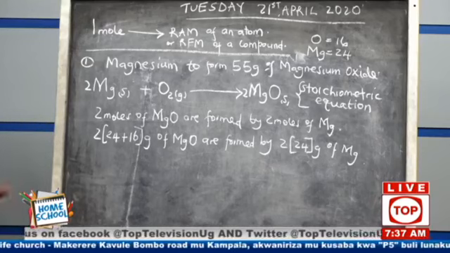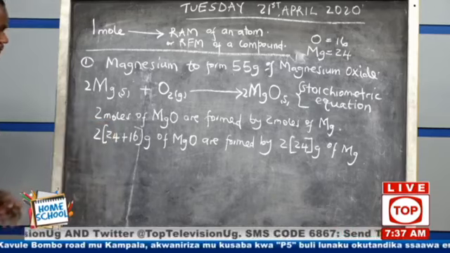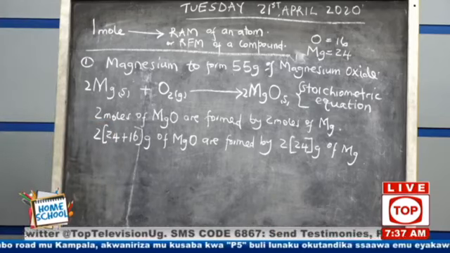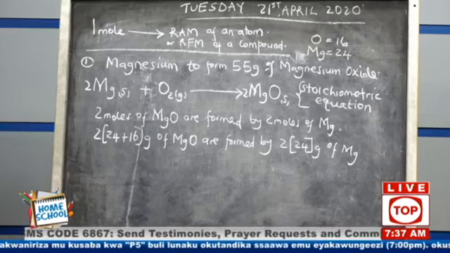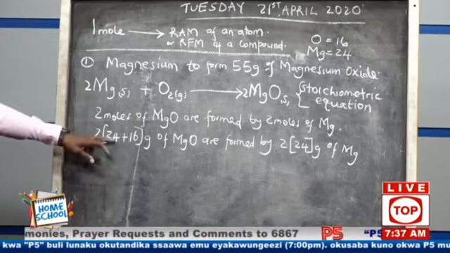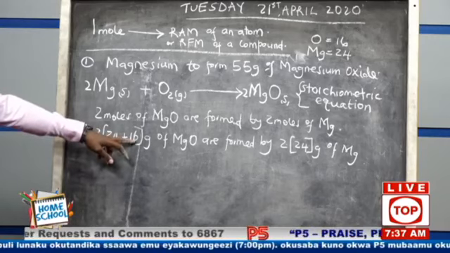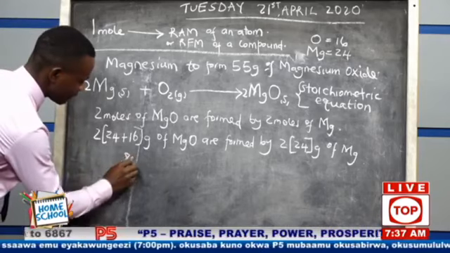Hopefully you can read all that is written on the blackboard, and as well you are following. This is example 2. We have already done the first example. That means things are easy now. If you get 24 plus 16, you get 40. 40 times 2, that is 80.